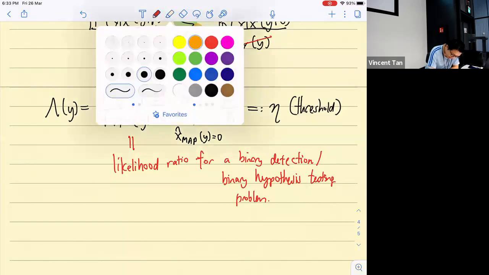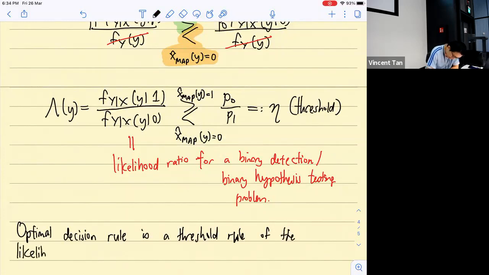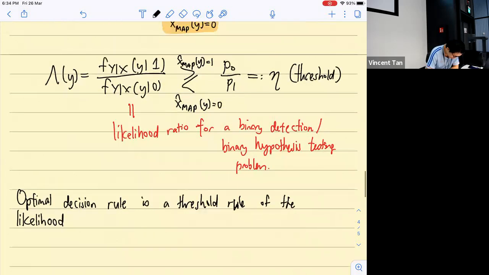Basically, the whole point here is that the optimal decision rule in the binary case is a threshold rule. A threshold rule of the likelihood ratio against the prior.